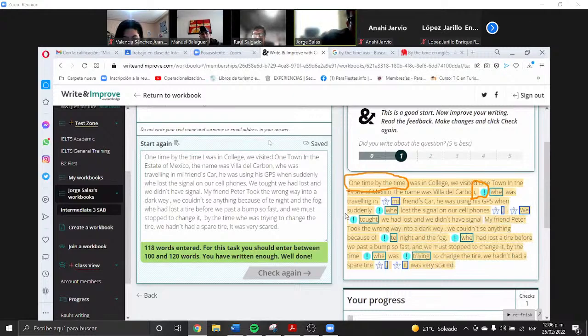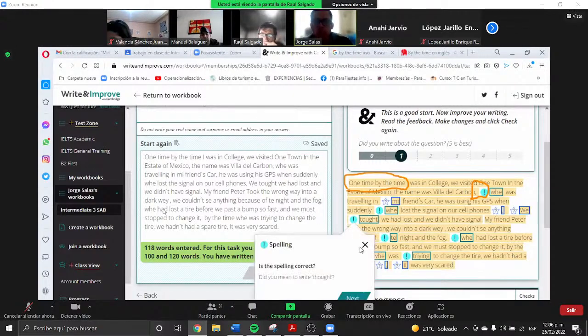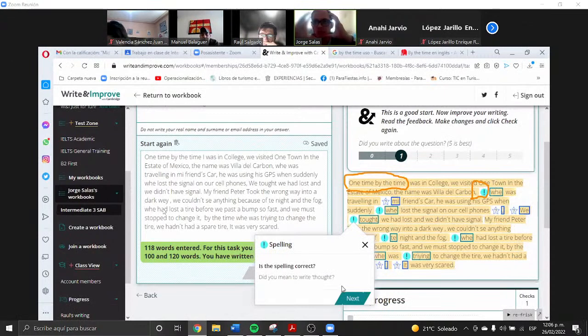Okay, teacher. There are words that it's not recognizing. Okay, but just check the other ones, and it's probably the same thing. And sometimes when you have most of the text highlighted, it's because you need paragraphs. So you can tell the software, okay, this is the first idea, this is the second idea, this is the third idea.